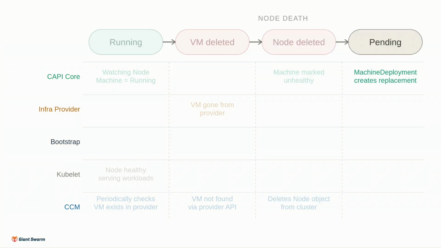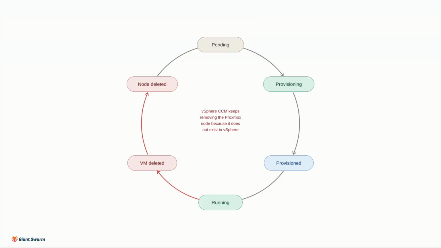Then it goes back to pending because the machine deployment will always create a replacement. Then it gets deleted again and so on. It's an endless cycle where the vSphere CCM keeps removing the Proxmox node because it does not exist in vSphere.